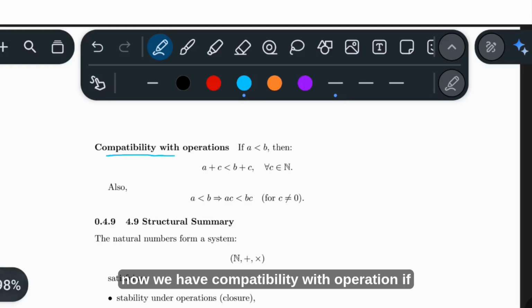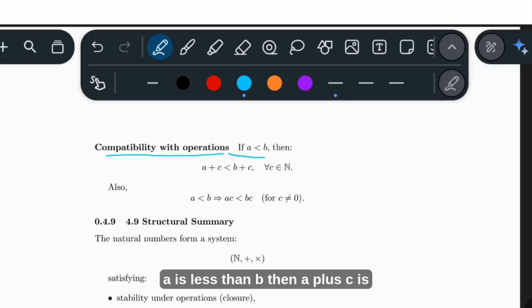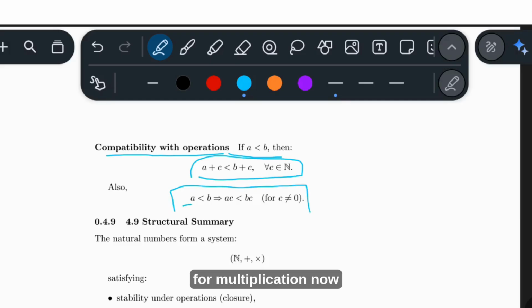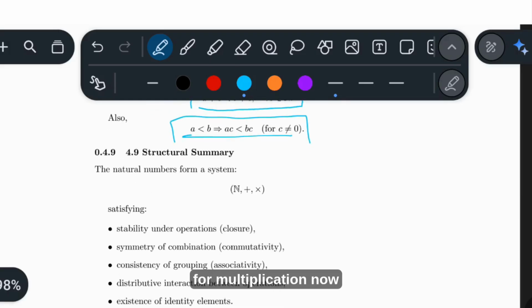Now we have compatibility with operation. If a is less than b, then a plus c is less than b plus c for all natural numbers. The same holds for multiplication.